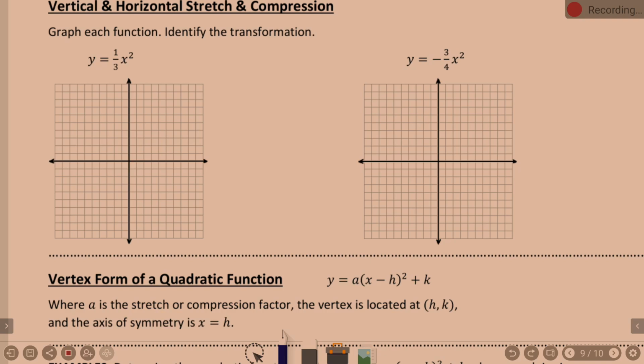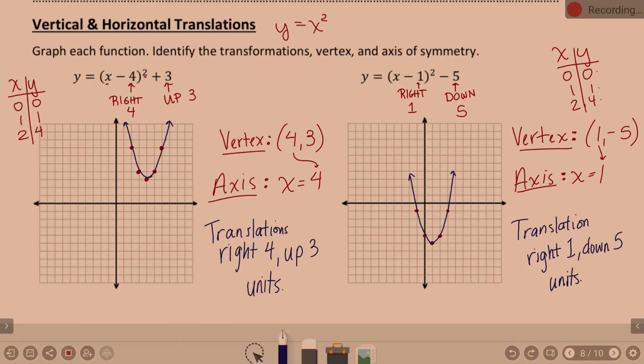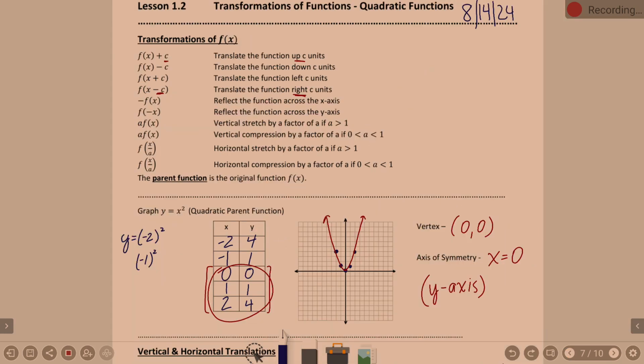Those fractions are being multiplied. What happens when there's a number multiplied by x squared? This is your stretch or compress. If you go back to that chart, remember? Number multiplied out front, that is your stretch or compress.